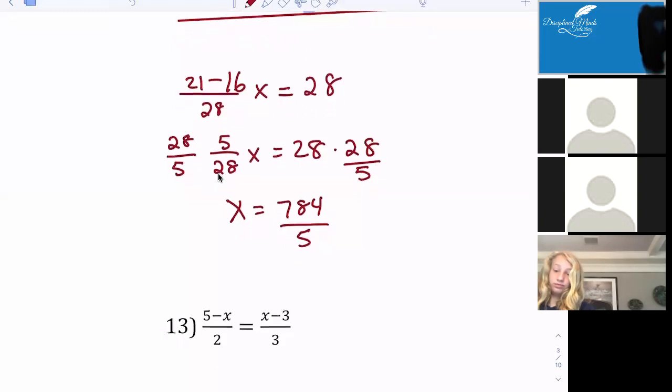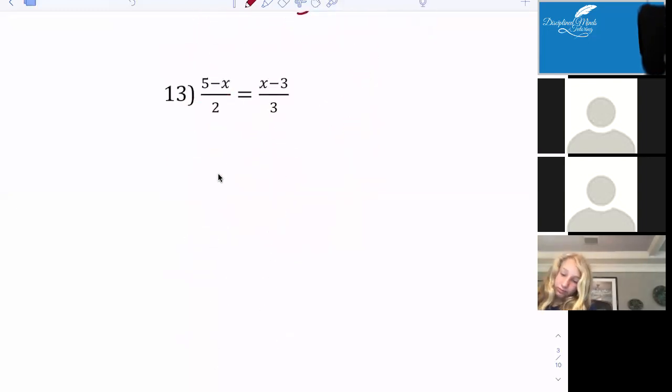All right, here we go. All right, number 13. We've already seen this problem. So again, Lily, what are we doing? Multiply. Yeah, go ahead. So it's 3 times 5x, and then equals 2 times x minus 3. Keep going.